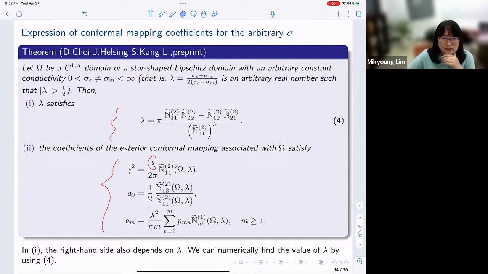So the whole method relies on the expression of the inclusion in terms of one conformal mapping. And that exists in general. We know the existence for simply connected domains. So that's the main restriction in applying this method to multiply connected domains.